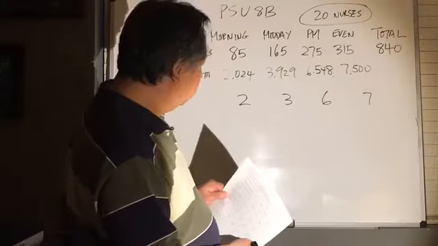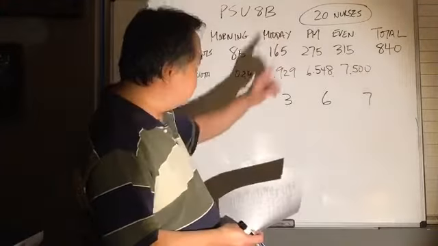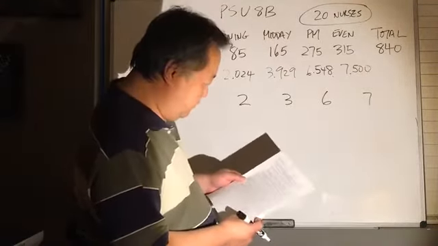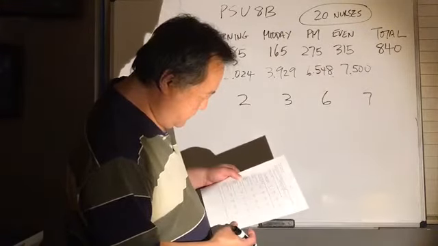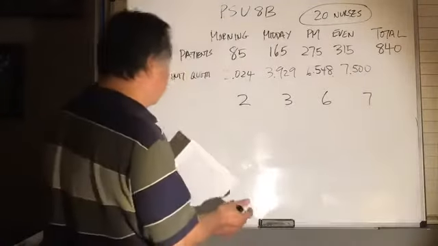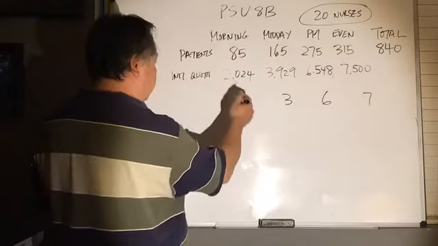All right? So right now the divisor is 42. So we're going to swap the divisor.